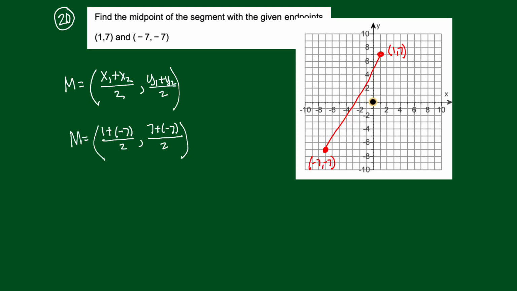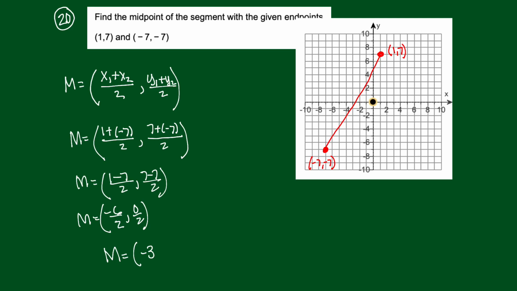That's nice. All right, so where are we now? We are now at 1 minus 7 over 2 and 7 minus 7 over 2. This will give us negative 6 over 2 and 0 over 2. So that's telling us that the midpoint should be here at negative 3 and 0.